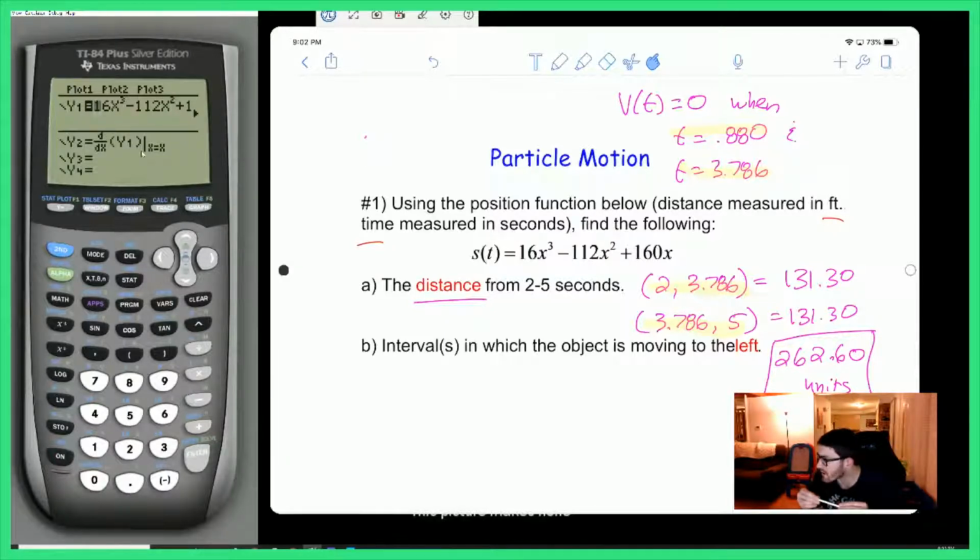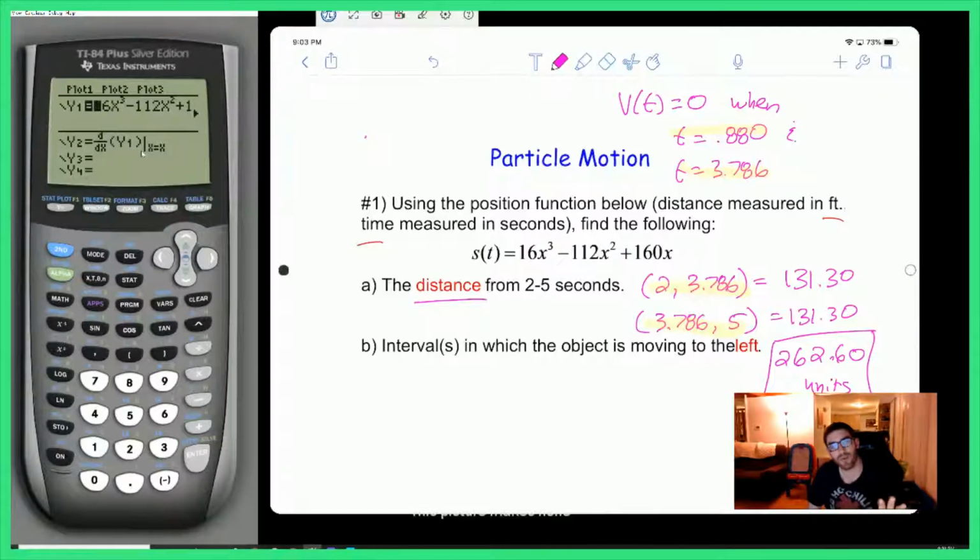Thanks, no problem, Ari. And how do you get the distance from that? How you get the distance is really just the higher value minus the lower value. So you could always take whatever number is bigger and subtract the number that is smaller, keeping in mind that you want the absolute value of these numbers.